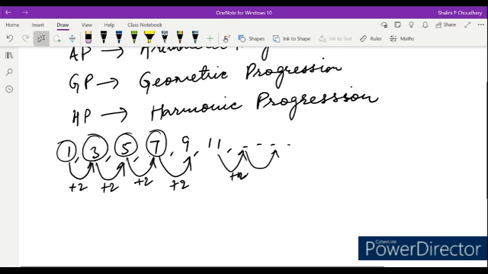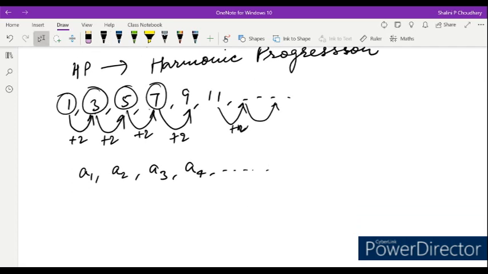Okay, if we have terms A1, A2, A3, A4 and so on, we have to find out the value. A1 will be called the first term, and A2 is the second term.